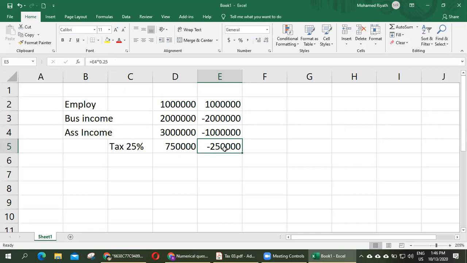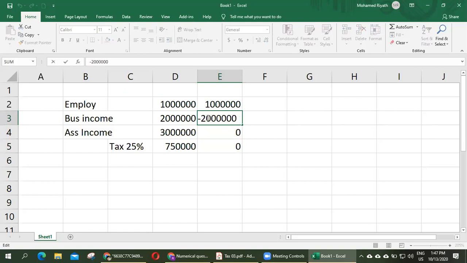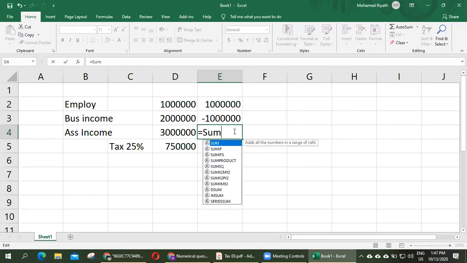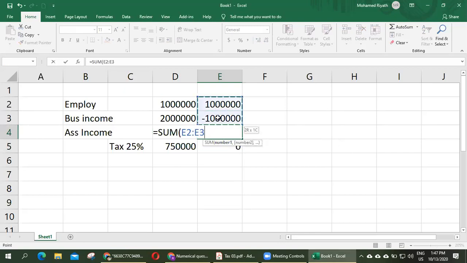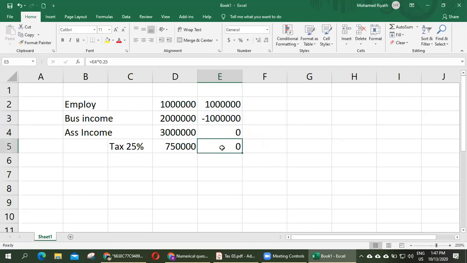No. So what is the treatment? Here we can make it 0. How can we make it 0? He can deduct out of this 2 million loss, reducing his loss up to 1 million. Then what will happen? It becomes 0 and there is no tax.